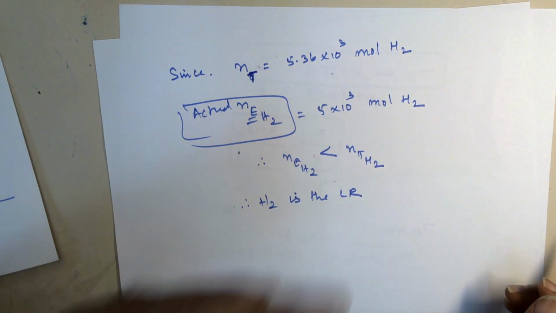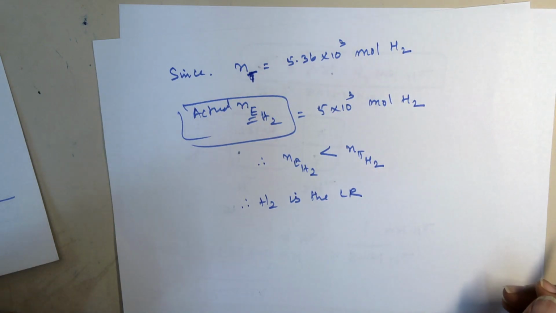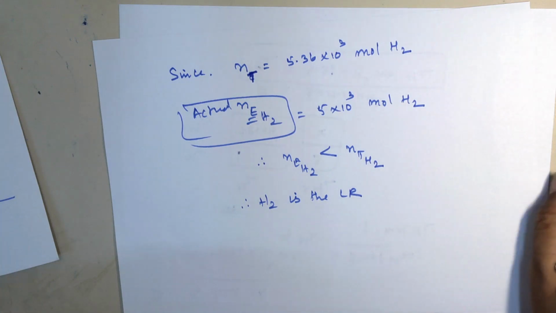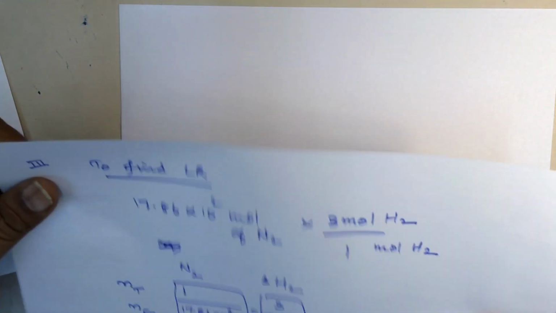Yes, sir. So we have now identified hydrogen as the limiting reagent. Take down. Now, what we are supposed to do, we have to find out the moles of ammonia formed. So that is step 4. So let us proceed with step 4.